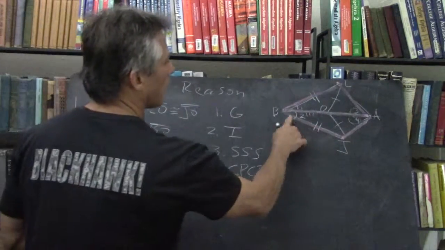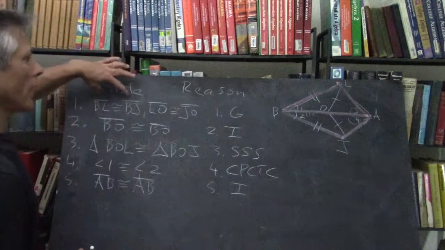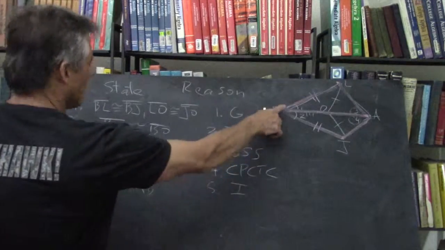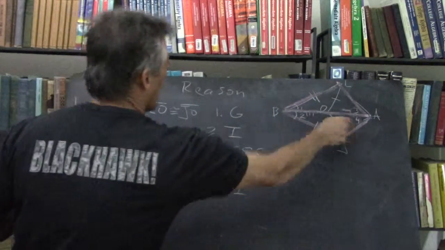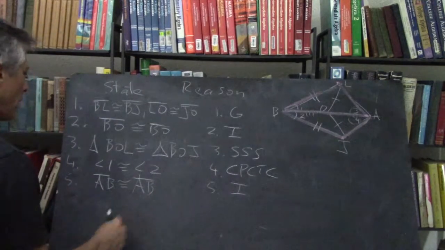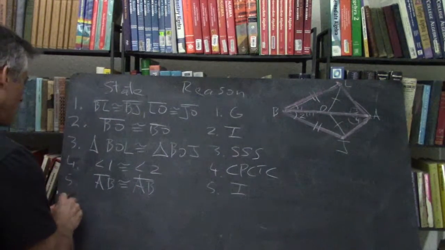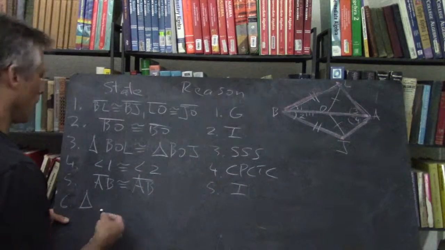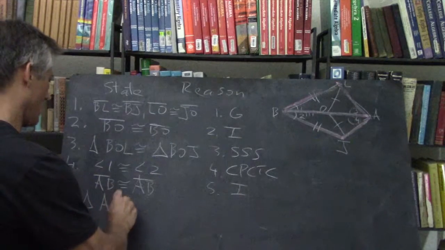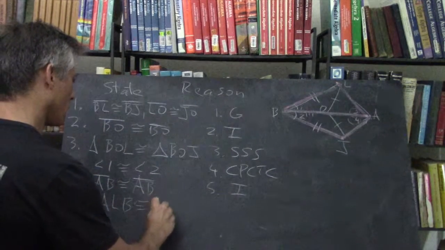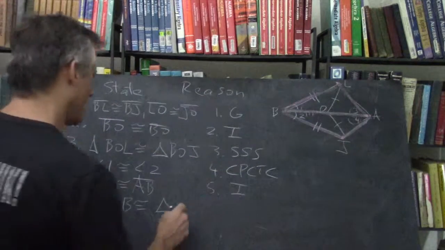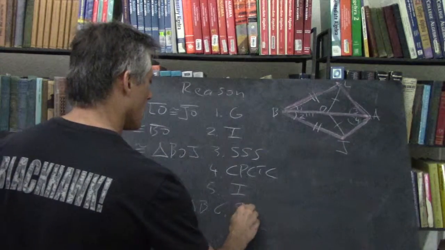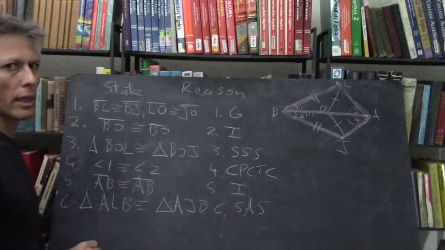If I'm going to use side angle side, it must be there. I've got BL and BJ. I've written that down. Angle 1 and angle 2, I've written that down. AB and AB, I've written it down. So now I can say triangle ALB is congruent to triangle AJB by side angle side.